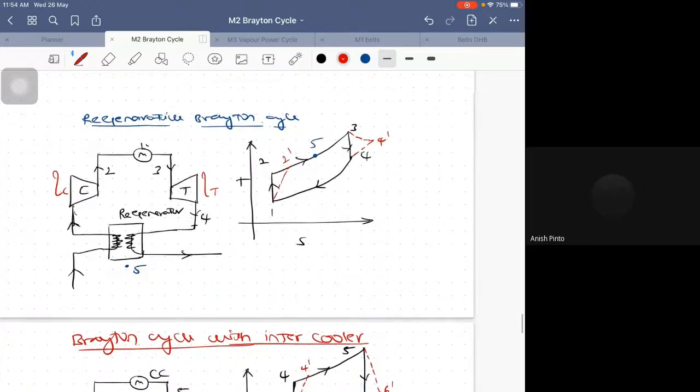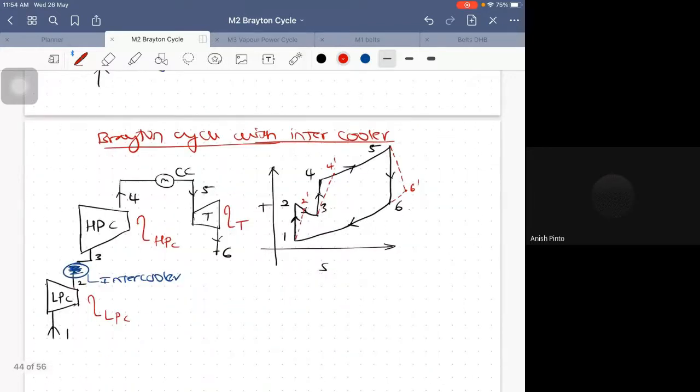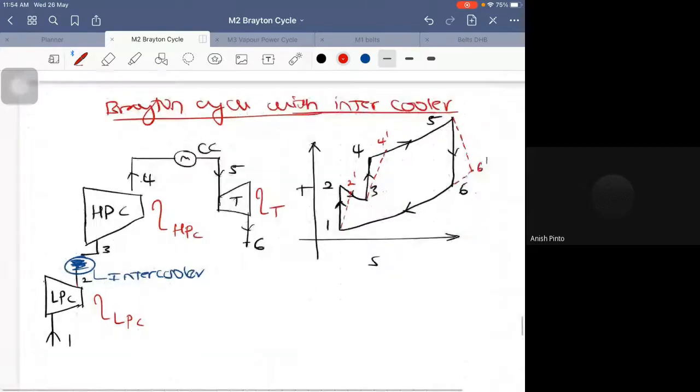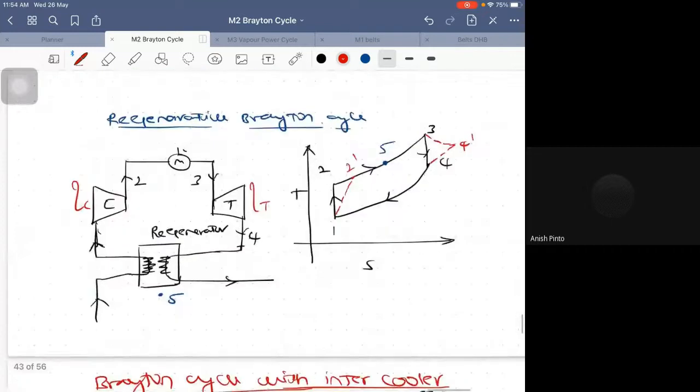It should be in between. The fifth state, because the intercooler is there, no? It is between 2 and 3, no? Intercooler, yes. Sorry, this is before. Regenerative, having a regenerator.